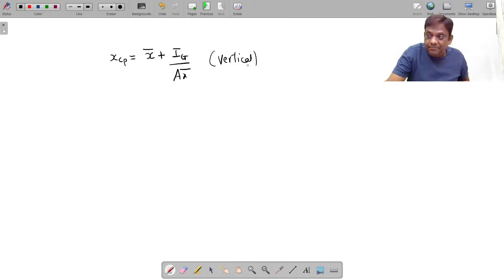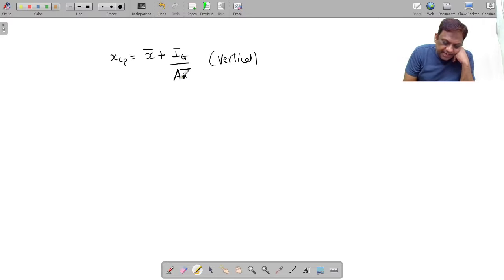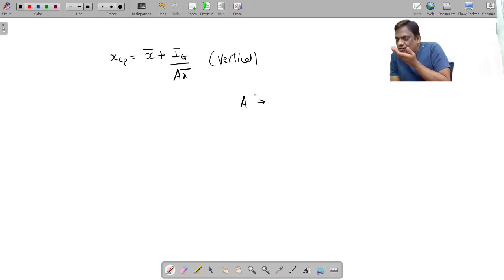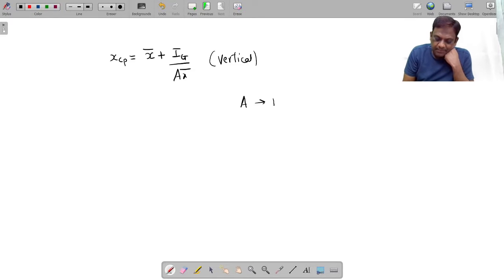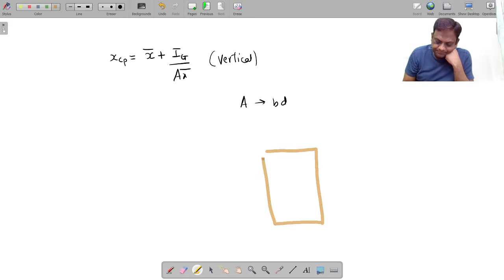Someone said large area. What they thought is, if the area is large, this denominator will be large, this will be negligible, so both will become the same. But you know, area depends on the geometry, B and D. If the area is increasing, B and D, for example, you have something like this.